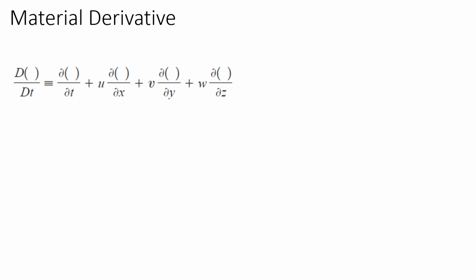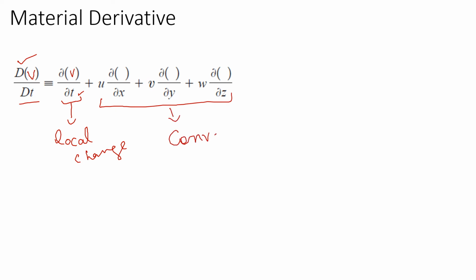For example, in this equation, if I'm going to find the change in velocity inside the system, the total change in velocity with respect to time will be equal to the local change, this is the local change, which is with respect to partial change in time, and that will be added to the convective change. This is the convective change.